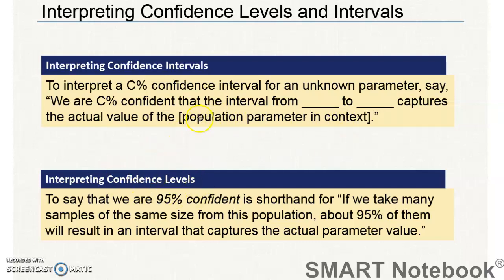The confidence level is, in this case, 95%. So if we say we're 95% confident, what we mean is if we take many, many samples of the same size, about 95% of them will result in an interval that captures the actual parameter value.